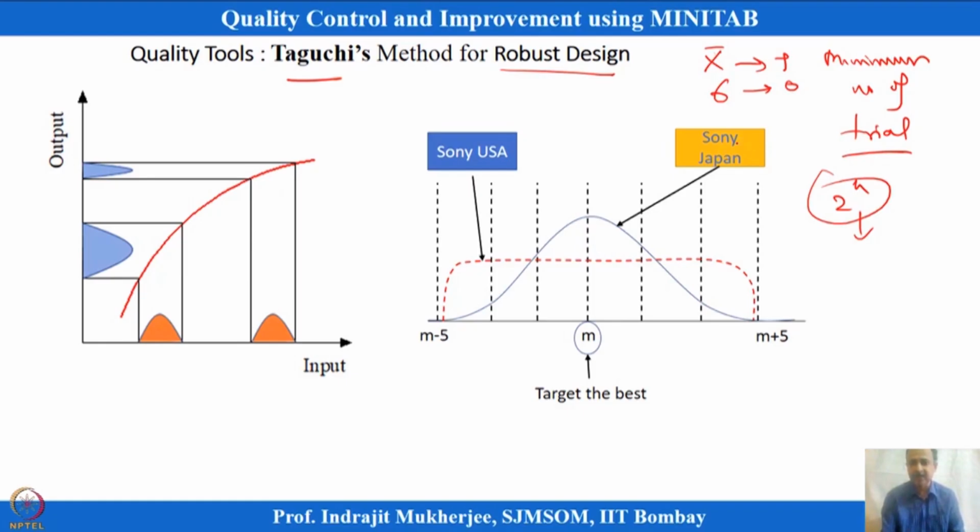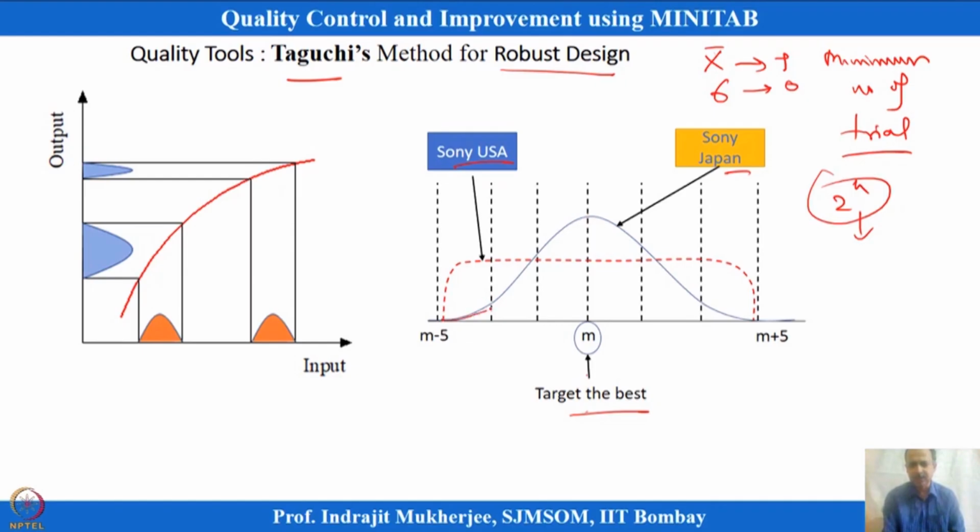This experiment was carried out. What was seen is that Sony US is measuring some characteristics, and Sony Japan, they are manufacturing TV sets, and in that case color density is one of the parameters of concern to them. The target value is given over here.